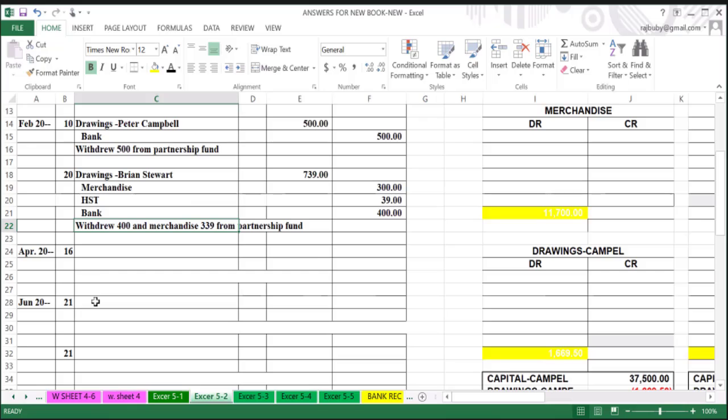The sentence says Brian Stewart withdrew 400, period, so the period should not be there. That one is because of 400.00. By mistake, they didn't put the 00. Okay, thank you. Sorry about that.